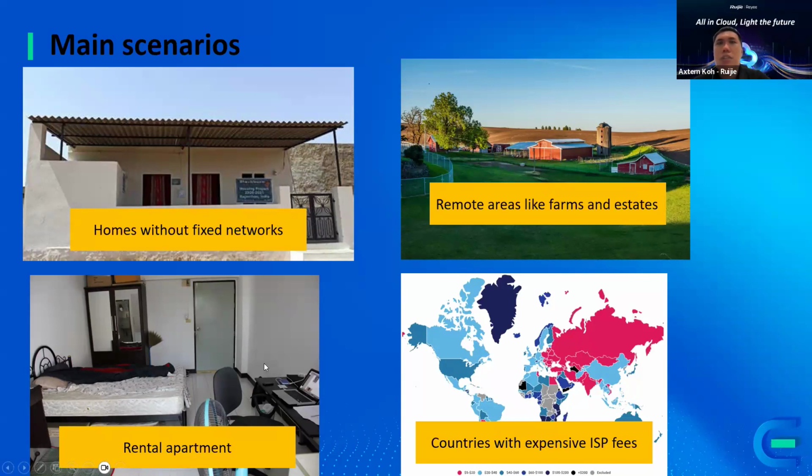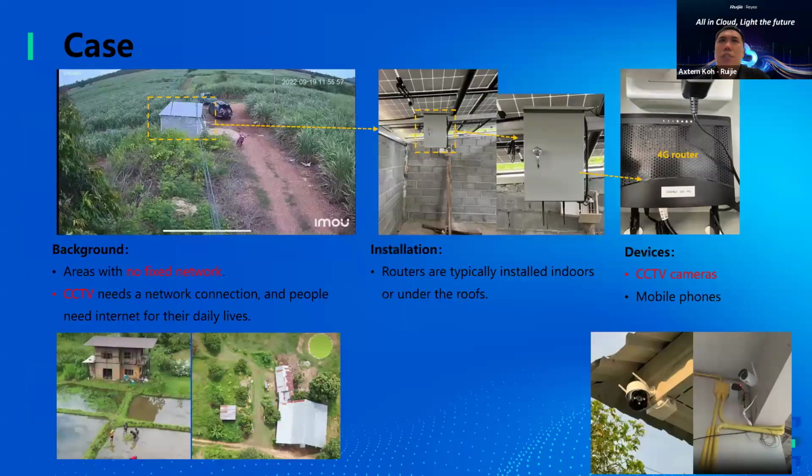Because they are not the owner, it is not easy to apply for a fixed ISP. In hotel scenarios, or even a farm or estate, and in some countries, they come with very expensive ISP fees, so they will go into using 4G solutions. So the 4G router is coming in right now.